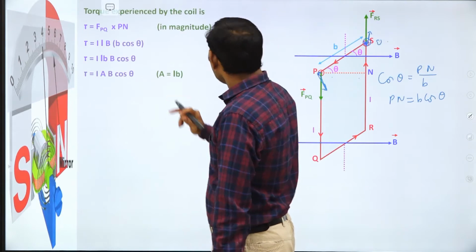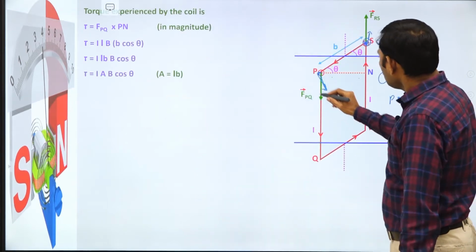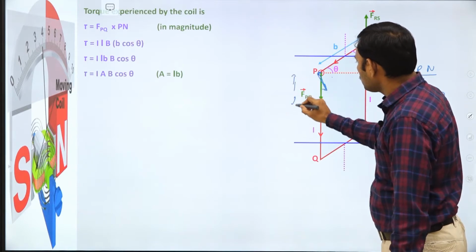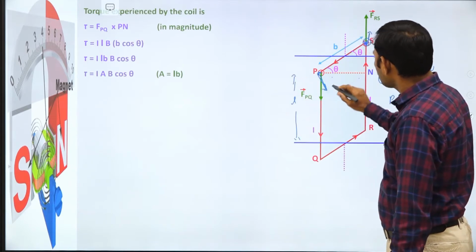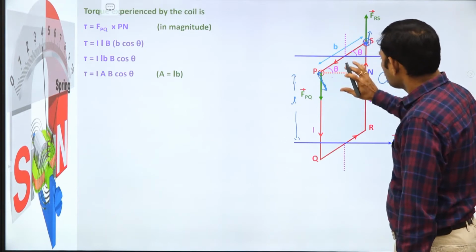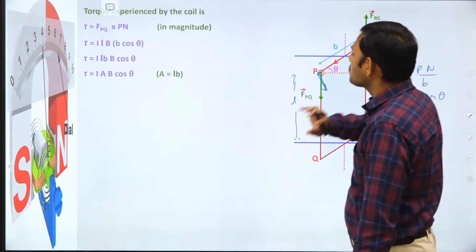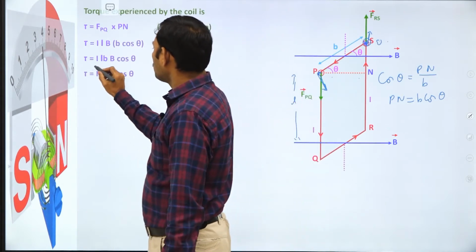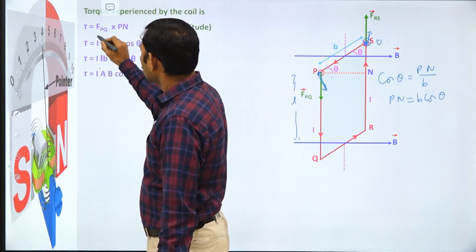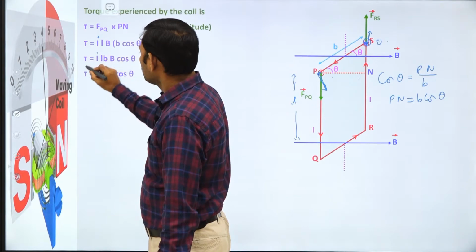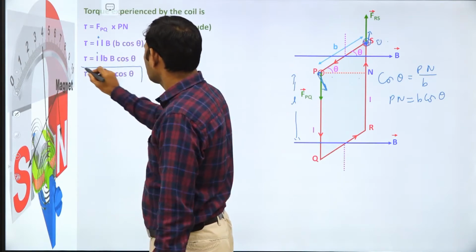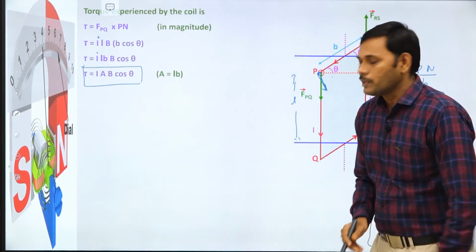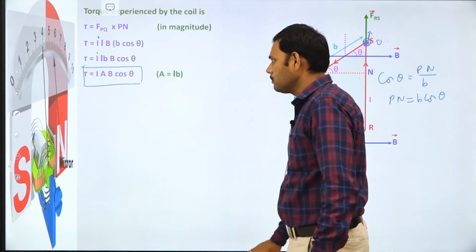Here L is the length of the coil and b is the breadth of the coil, then the area of cross section of the coil is length into breadth. So tau is equal to, this is I, don't get confused, this is I. So this is the expression for torque, IAB cos theta. Students, we come to one idea here.